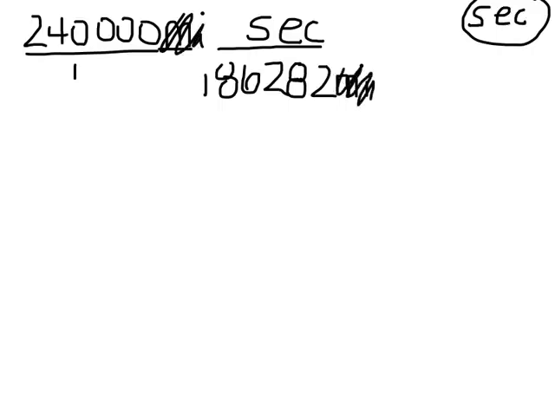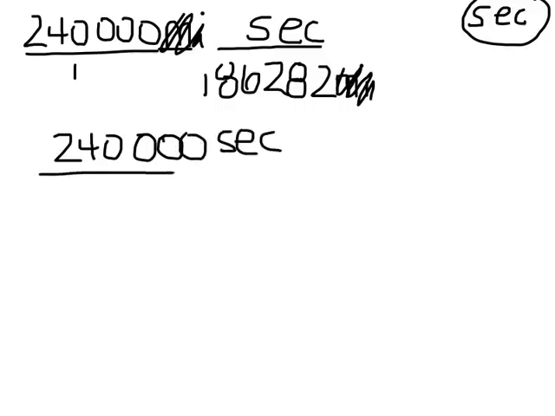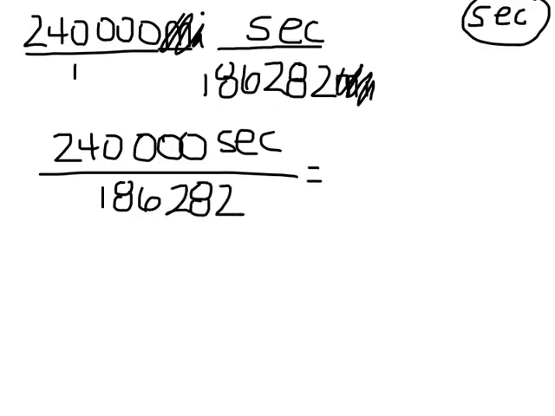We're left with seconds. I'm a visual learner and I like to check my work. So I'm going to take everything on the top, 240,000 over 186,282. And we divide those and we end up with 1.29 seconds. Okay?